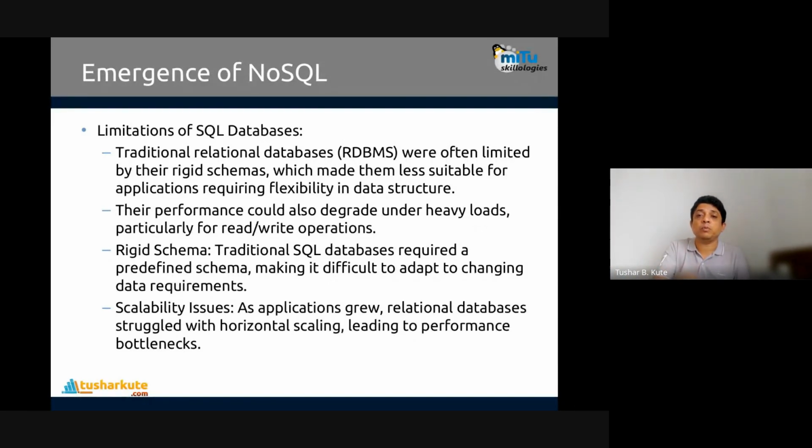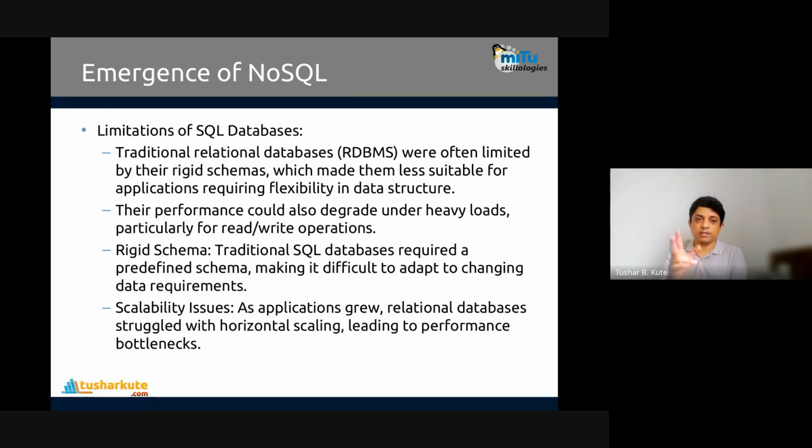Now they have to add one more column for the Aadhaar card number. What about the data before 2010? They did not have that, but the column will be present for them also, containing null entries. Wastage of memory space. So it will be difficult to adapt to changing data requirements.